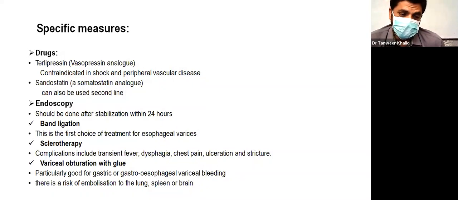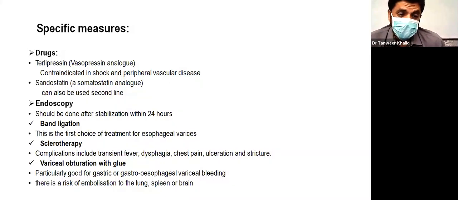Endoscopy is the most specific treatment in a patient with variceal upper GI bleeding, and it should be done after stabilization, within 24 hours. As we discussed in the previous slide, stabilization and resuscitation is the most important step. Endoscopy is the most specific treatment, but we have to stabilize the patient first and then proceed to endoscopy.